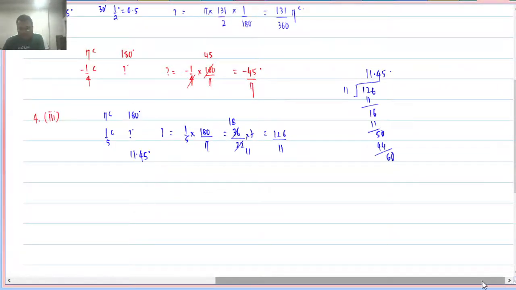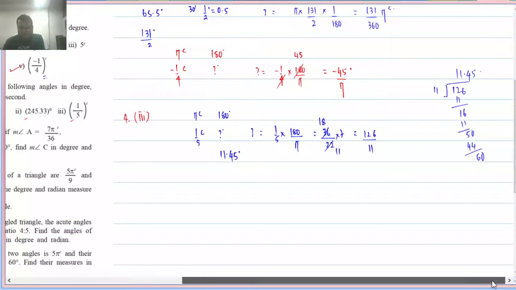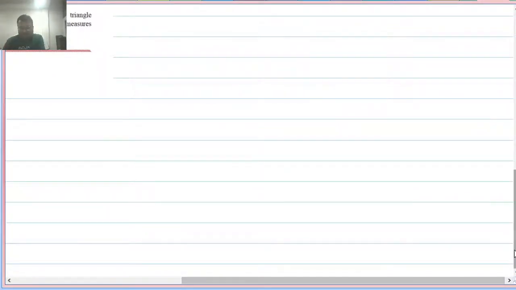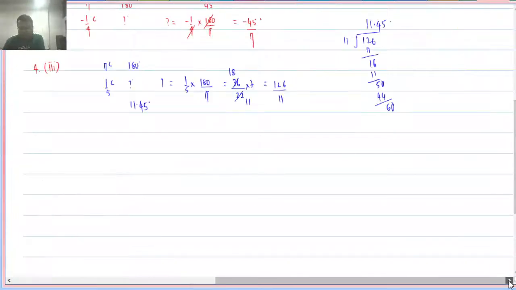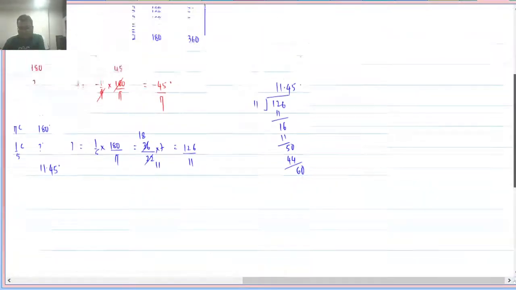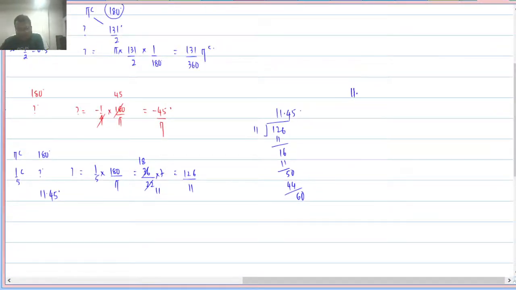And how do we go about this? I have to write in degree, minute and second. So 11.45 degrees is 11 plus 0.45 degrees, which is 11 plus 0.45 into 60 minutes, which is 11 plus 45 upon 100 into 60 minutes.